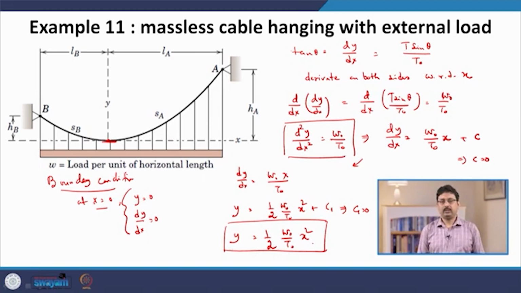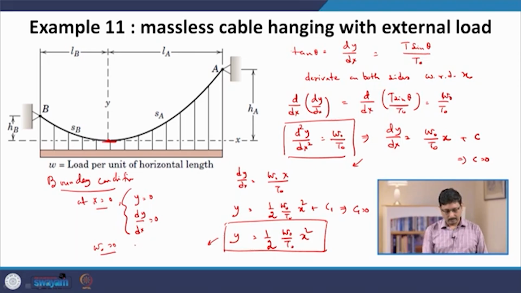Now, once you have some relation, the first thing to do is to check whether this relation makes sense. For that you need to take some simple limiting case and see whether this makes sense. What could be a simple limiting case? Suppose that there is no external force, that is w naught equal to 0, the load per unit horizontal length is 0.